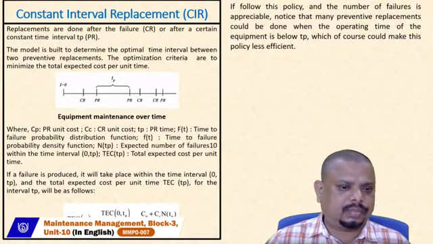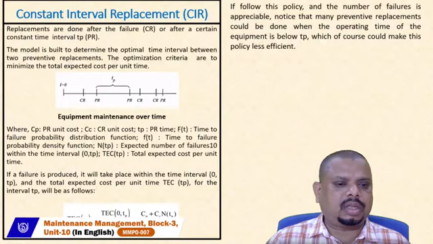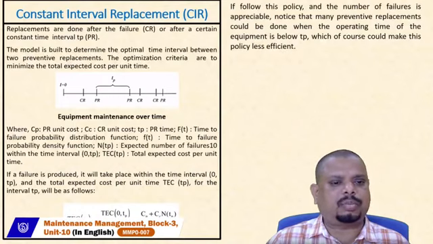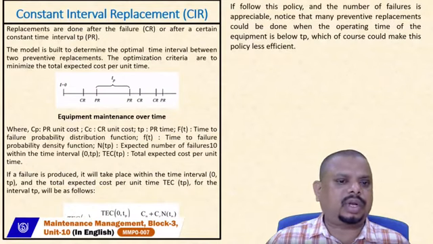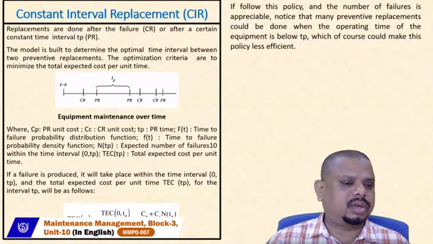Within the implementation, considering the number of failures in between the time intervals, you have to choose the constant time interval at which to replace the item, so that you can directly optimize the total cost per unit time, and the machines or equipment remain available for operating conditions.